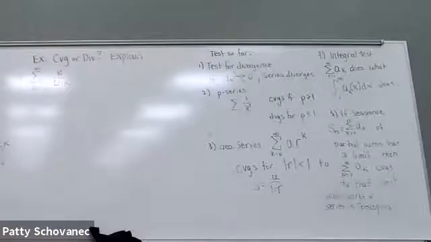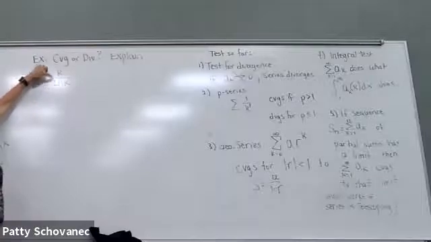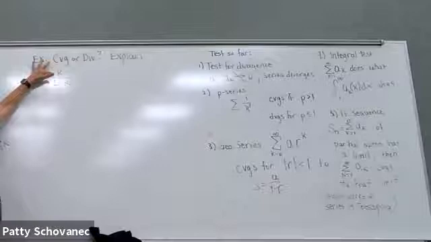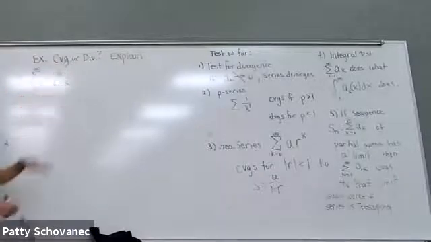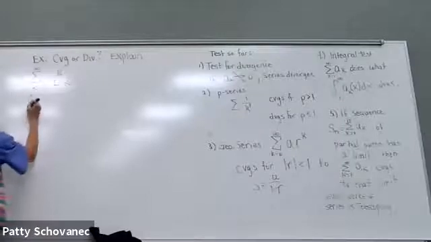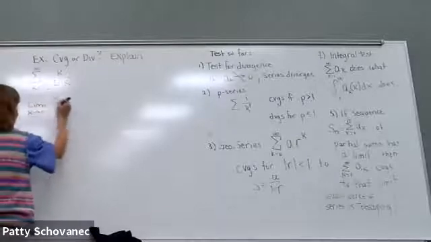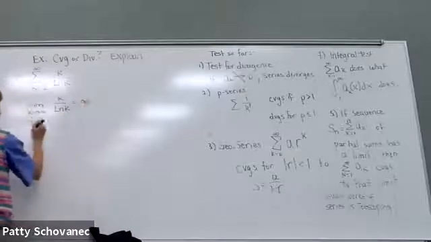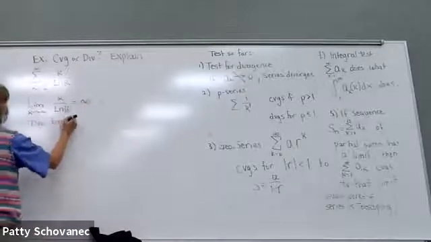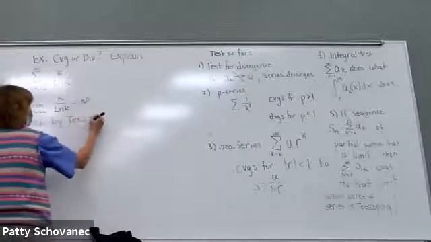What's our tower of power? The natural log is a slower grower than k, so it's a top-heavy function in terms of the rate of growth. That means it's going to go to infinity as k goes to infinity. So the limit as k goes to infinity of k divided by the natural log of k is infinity. So this diverges by the test for divergence.